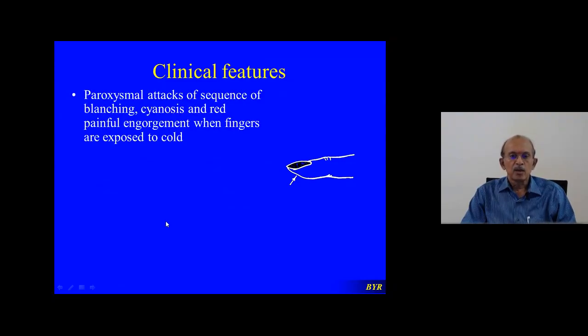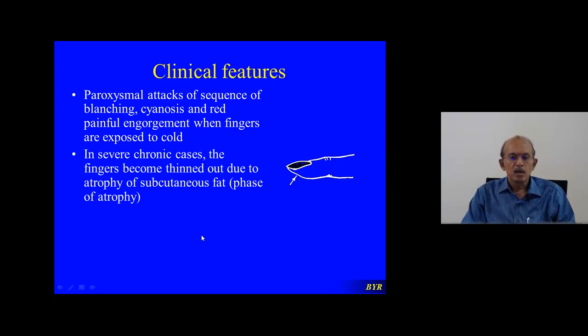Clinical features: paroxysmal attacks of a sequence of blanching, cyanosis, and red painful engorgement when fingers are exposed to a cold environment. In severe and chronic cases, the fingers become thinned out due to atrophy of subcutaneous fat. Due to repeated attacks, there will be gradual atrophy of the pulp of the fingers and they get thinned out.